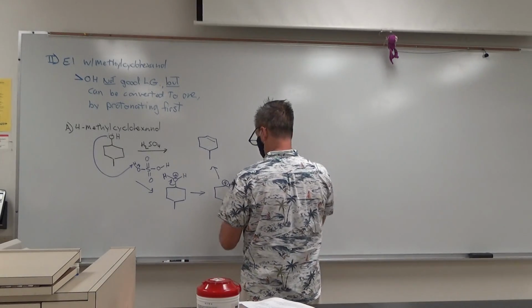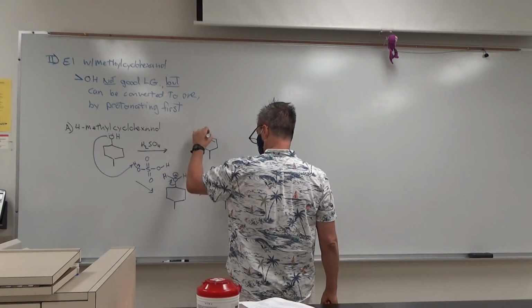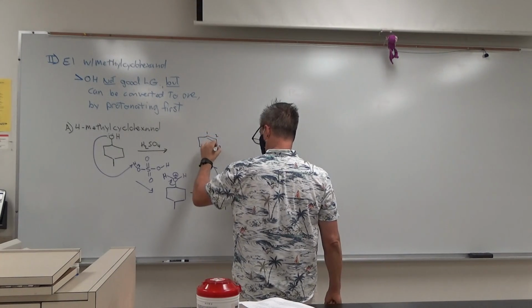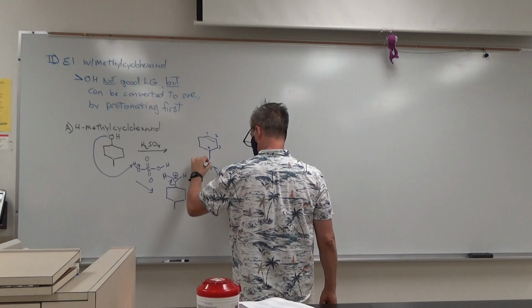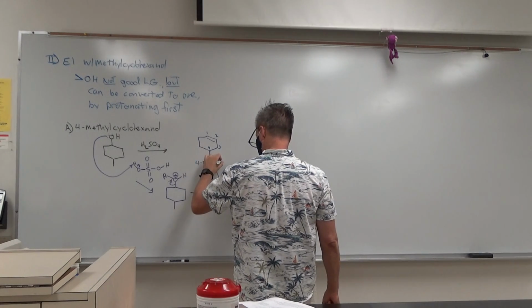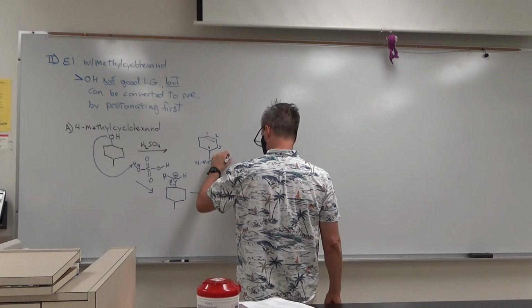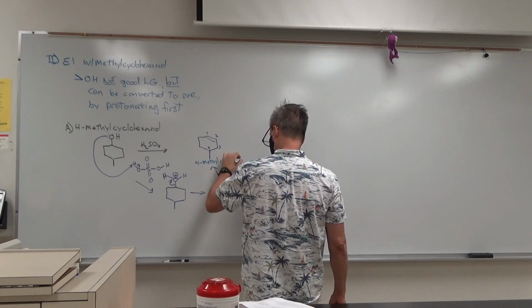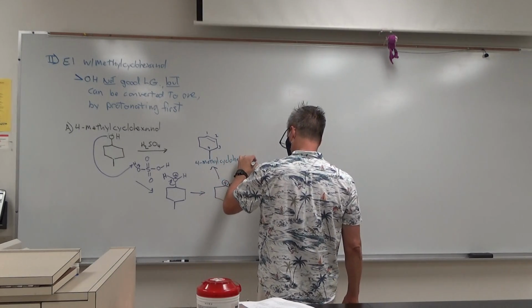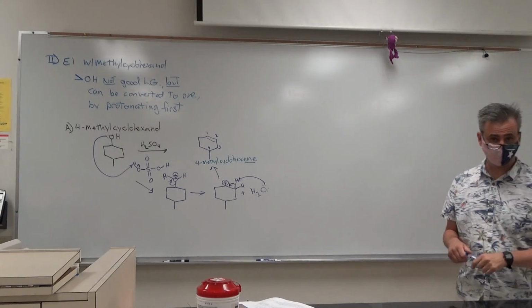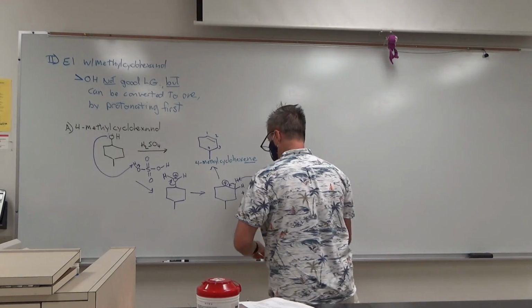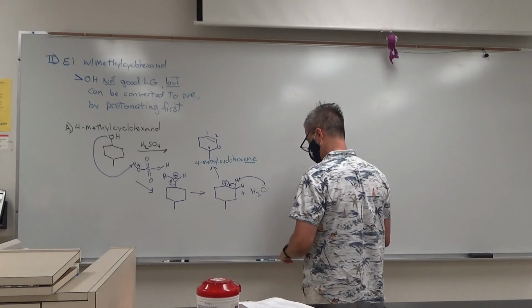This guy is 2, 3, 4, so this is 4-methylcyclohexene. That part is the part that tells you it's an alkene as opposed to an alkane.